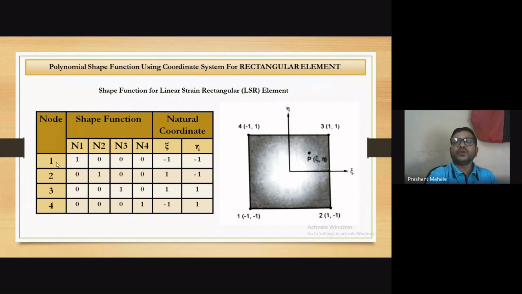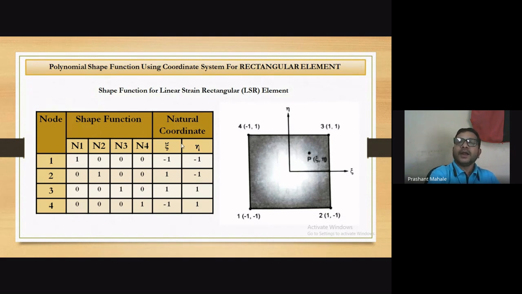And we are going to have 4 shape functions also. In the previous sessions, I explained that shape functions depend on the number of nodes. If it is 4 nodes, there will be 4 shape functions, 2 nodes, 2 shape functions, 3 nodes, 3 shape functions, and so on. So here we are going to have 4 shape functions: n1, n2, n3, and n4.